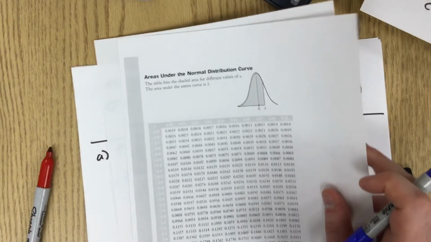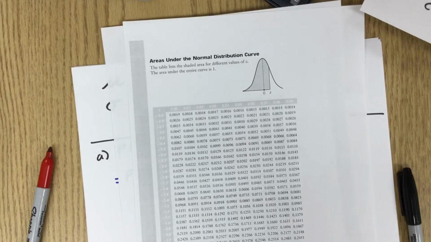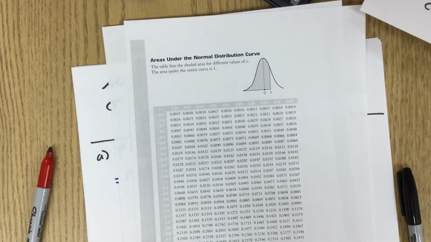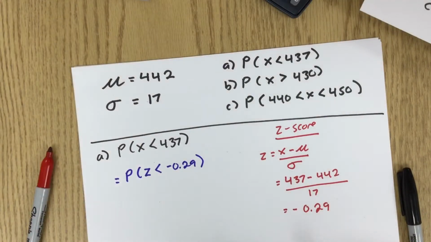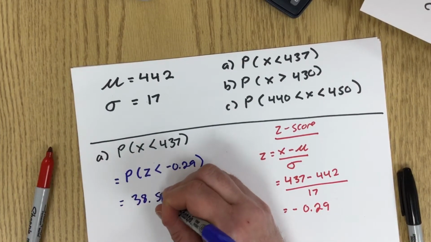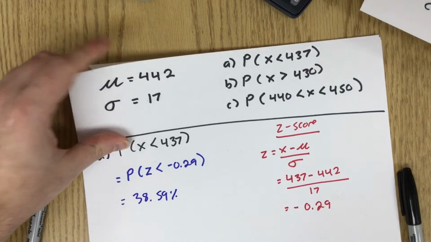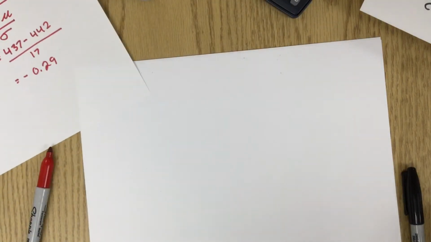Negative 0.29 is going to be 38.59%. So the probability that the pig weighs less than 437 kilograms is 38.59%.